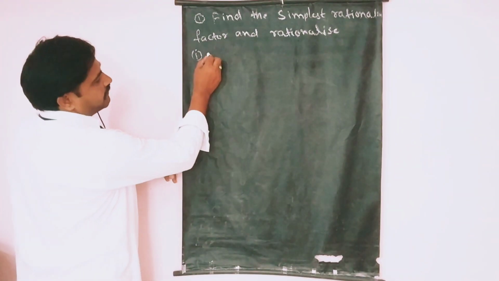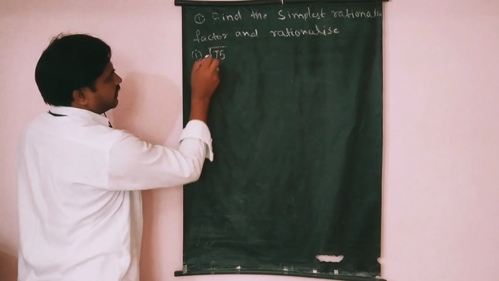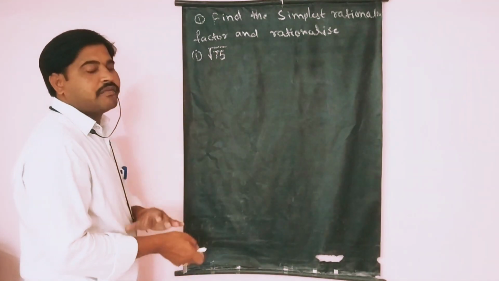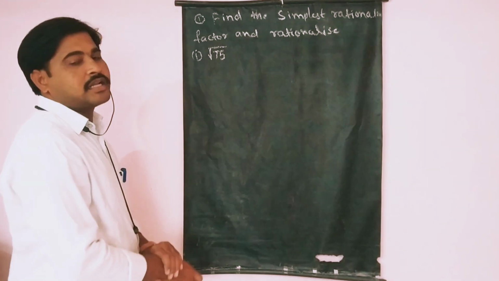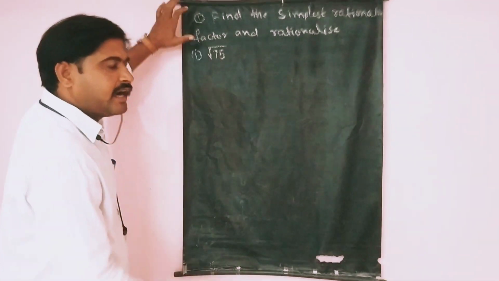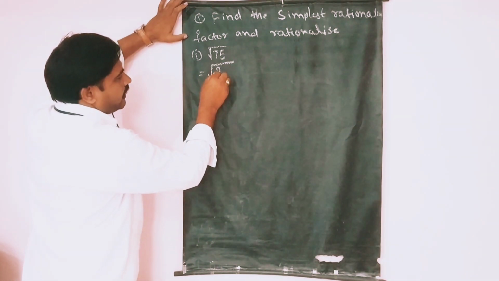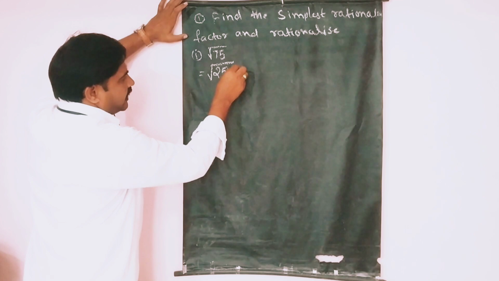So root 75 is given. Here, root 75 is an irrational number. This is not in the standard form. You should write the standard form. That is, I am writing 75 as 25 into 3.